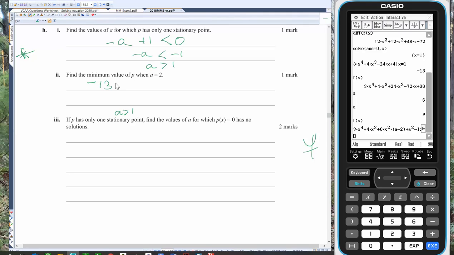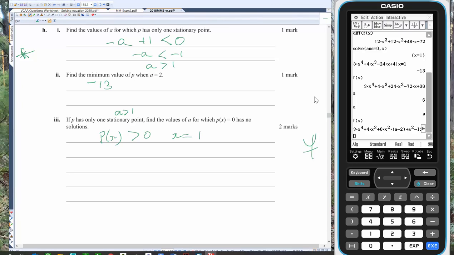I know the stationary point occurs when x is equal to 1. Okay, so that's important to note. So what we're looking for is when P of x is more than 0. So we want to send P of x up. We want it to be more than 0. And the value of x is equal to 1. So at x is equal to 1, that's where the stationary point occurs. So let's do that first of all.